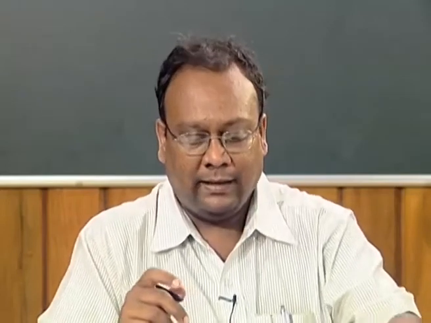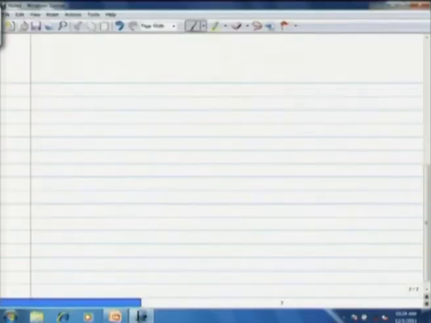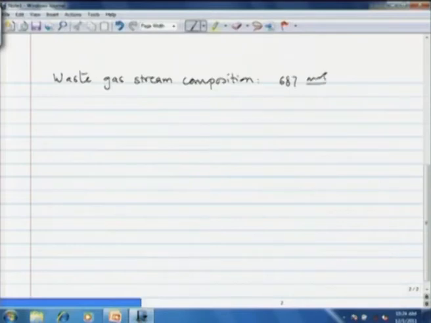So, let us say that the waste gas stream composition is 687 mole per hour of air and 10.3 mole per hour of acetone.